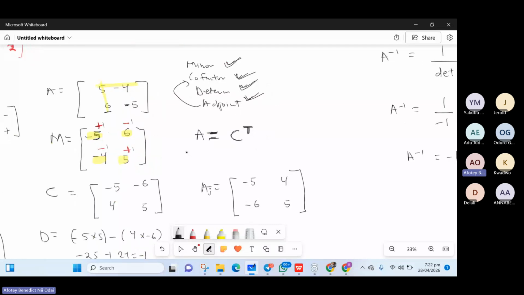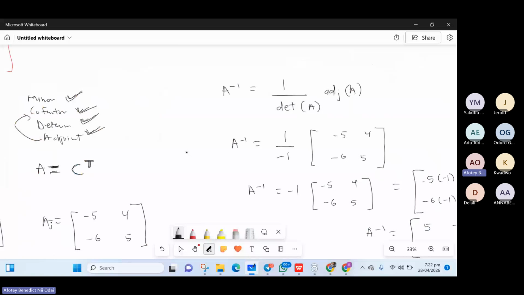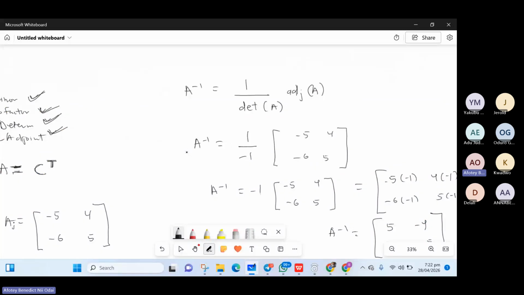Now, once you have your adjoint and you have your determinant, you can find your inverse, because the inverse of A is equal to 1 on the determinant of A times the adjoint of A. That gives you your inverse of A formula.